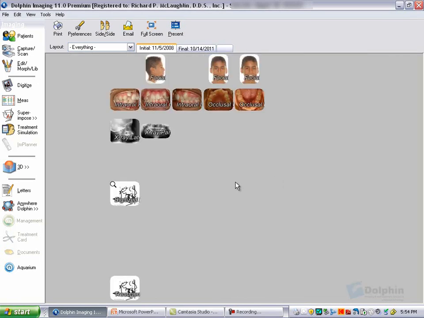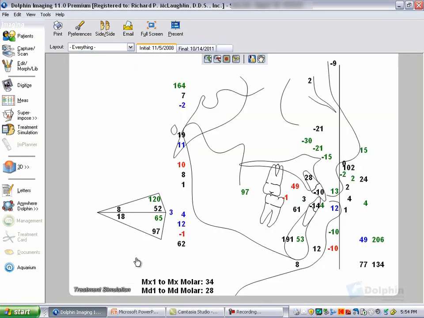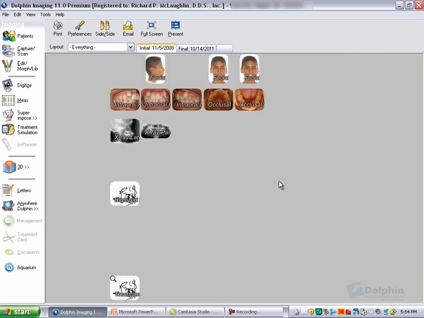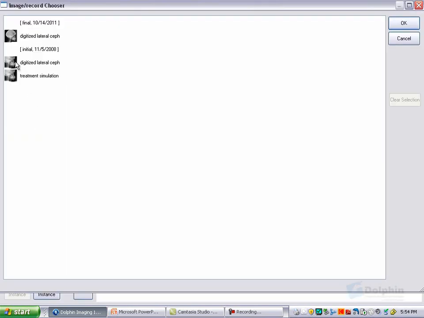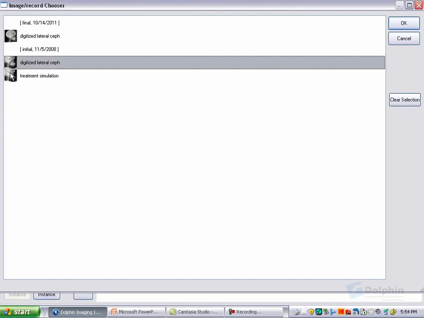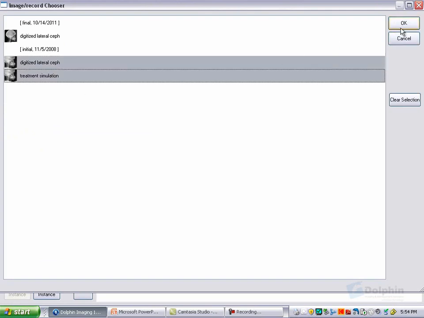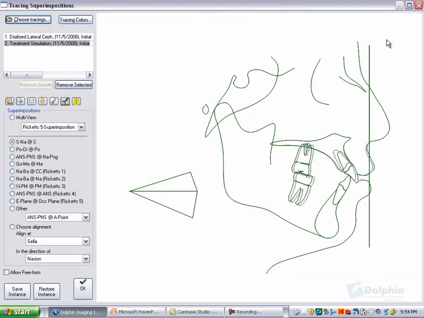This can be saved and recorded as a treatment simulation, and you can see the changes that we made here, and we can take a look at the superimposition. So we return to the master page here, and then we can go to superimposition, tracing superimposition, and we will click on his original digitized lateral ceph and his treatment simulation, and then we see our movements.